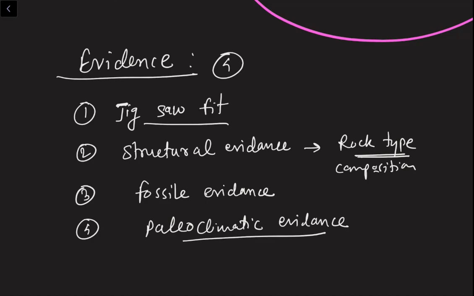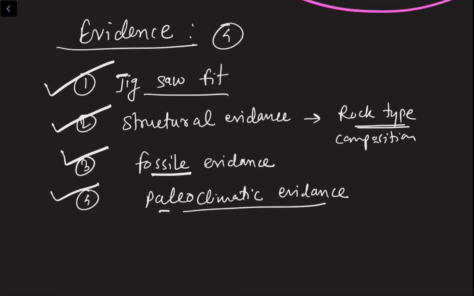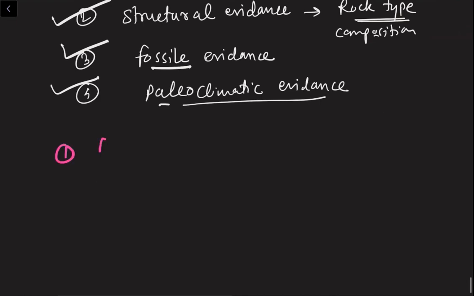So, first jigsaw fit, then structural evidence of rock type, then fossil evidence, and then paleoclimatic evidence. Now let us see one by one how he evolved this theory and proved that this should happen or has been happening. Let us see the first evidence.